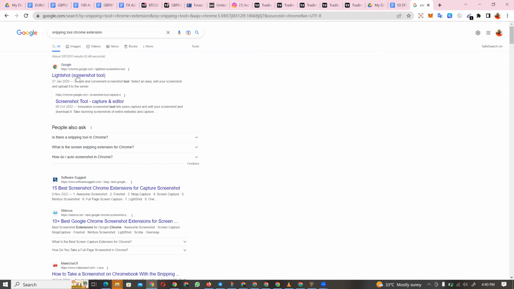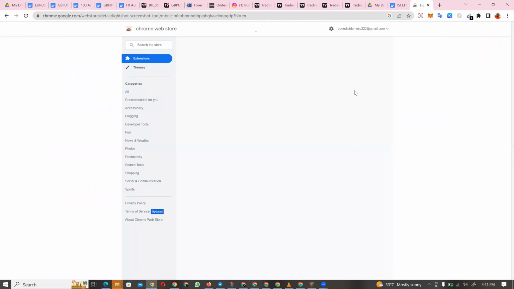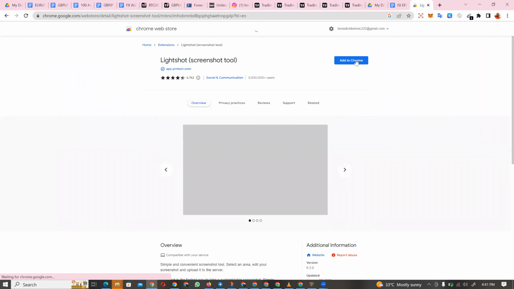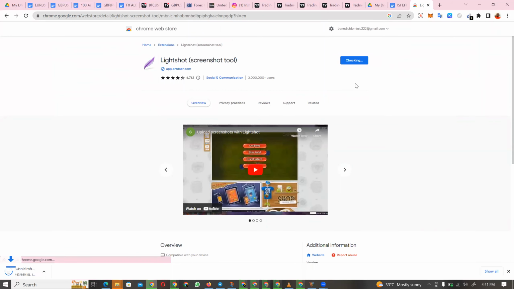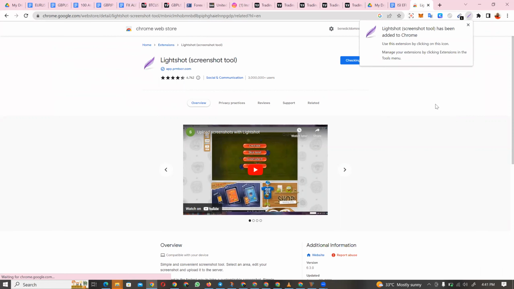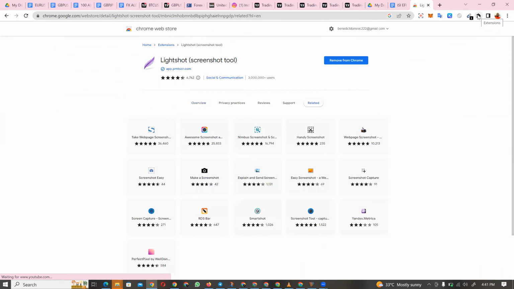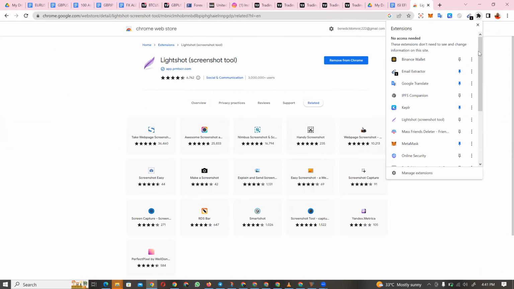You click on it, you open it, then Add to Chrome, add extension. It has been added. Once it adds, you click on this extension sign here, and you will see it on your Chrome. Then you pin it so that it will be showing on your Chrome.